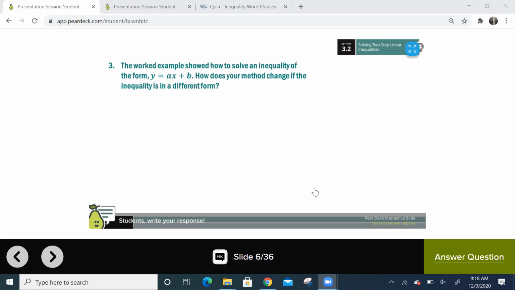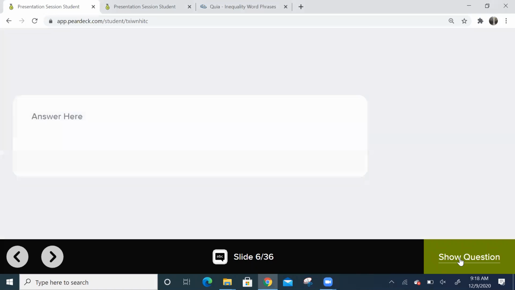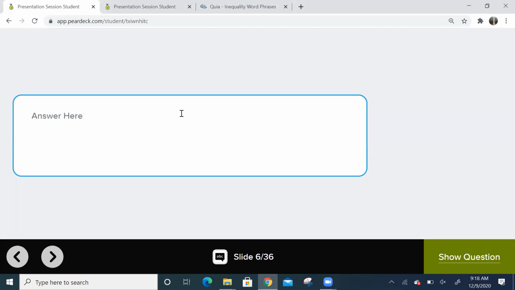The work example showed how to solve an inequality in the form y equals ax plus b. How does your method change if the inequality is in a different form? Since inequalities and equations are solved the same way, the method of how to solve it, even if it's in a different form, does not change.